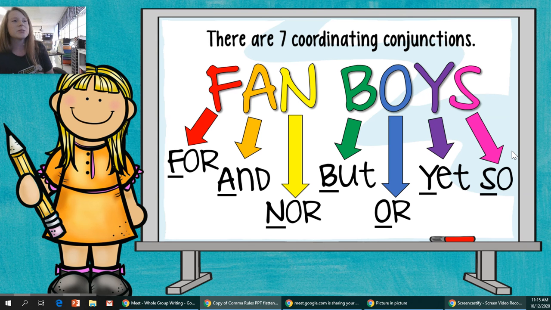So, okay, so what does B stand for? O, Y, S. Okay, good. For and nor, but, or, yet, so. Those are all very common conjunctions that you'll see. And when you see those conjunctions, you're going to think, okay, there probably is going to be a comma that comes before this word.